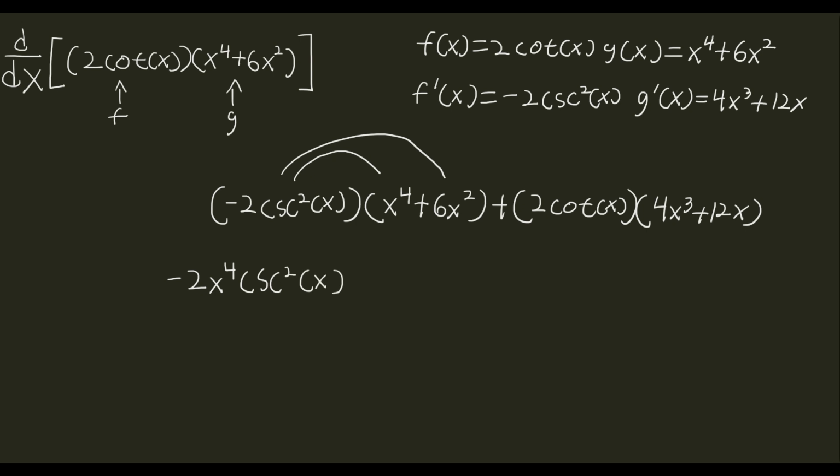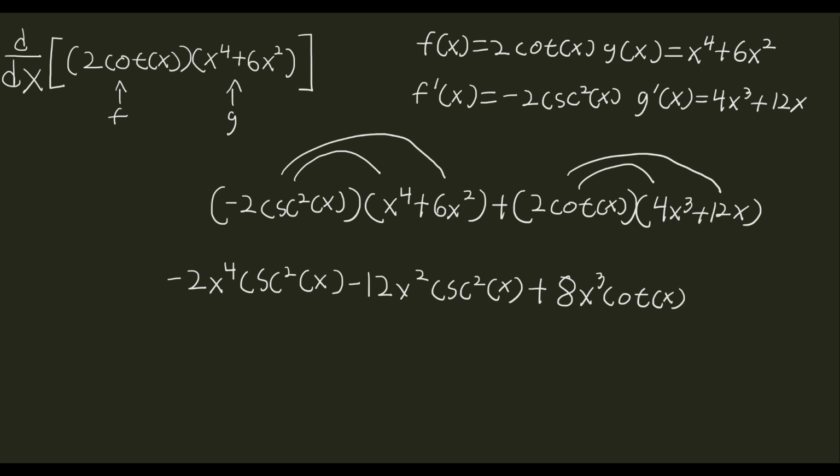Negative 2 cosecant squared x times 6x squared would be negative 12x squared cosecant squared x. And we could do the right-hand side now, same thing. 2 cotangent x times 4x cubed would just be 8x cubed cotangent x.